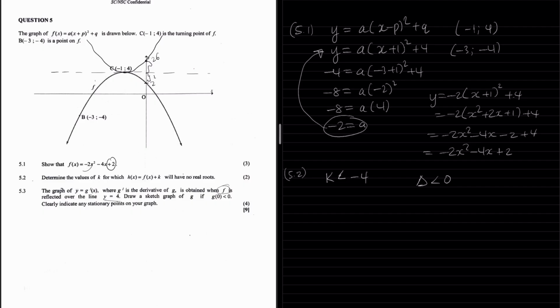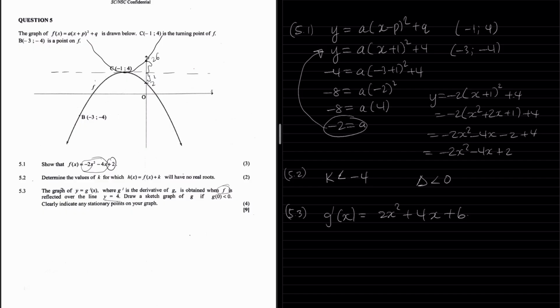Now, it's basically reflecting it, so these values here should become positive because you're keeping the y value, you're just changing the x value. So g prime is going to be 2x squared plus 4x plus 6.